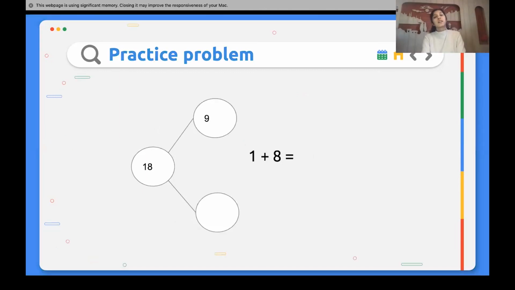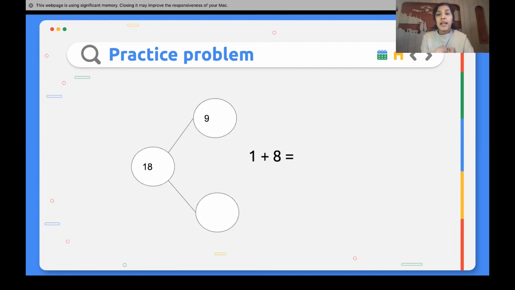Okay, this one the number we want to decompose is 18. And we're decomposing it into 9 and something else. So 9 plus blank equals 18. So 9 plus 1 makes 10. And how many more do you need to add to 10 to make 18?